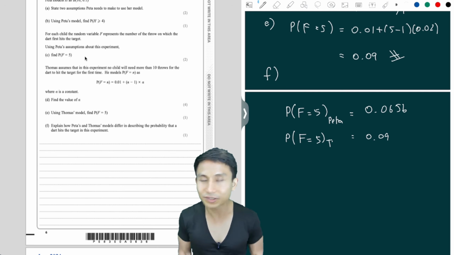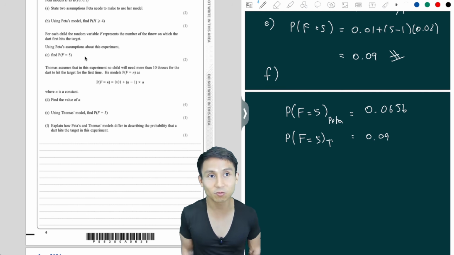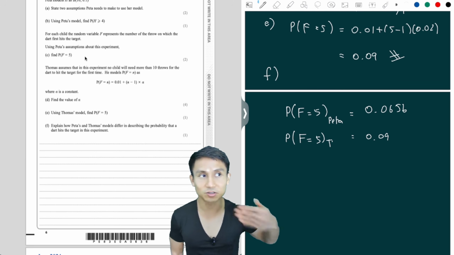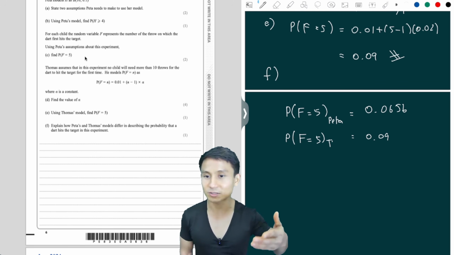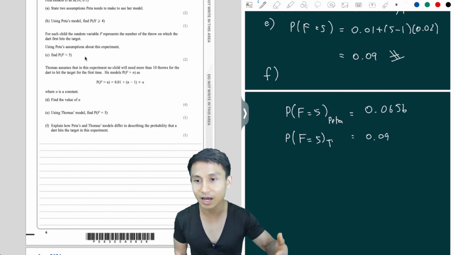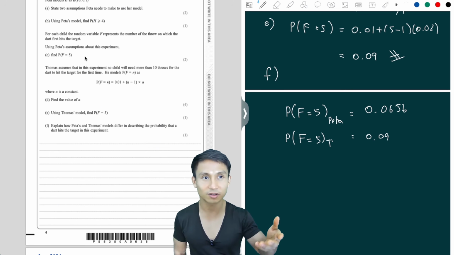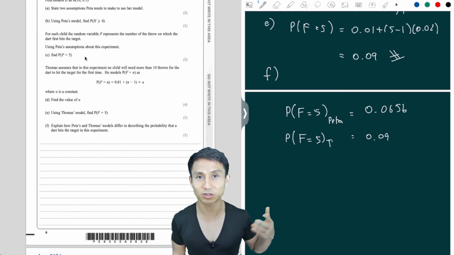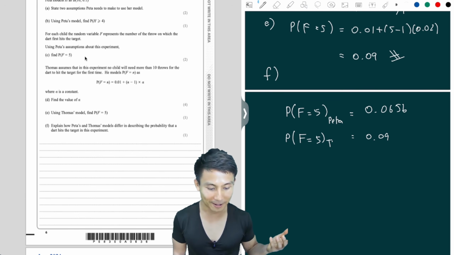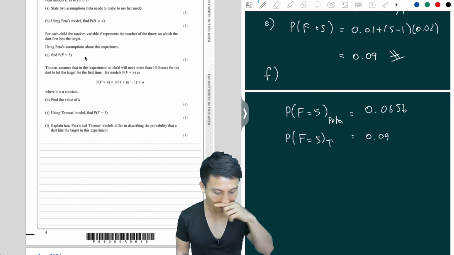Okay. Now, what was the nature of Peters' assumption again? Well, each throw was independent of one another. Yeah. Because each throw has a fixed probability value of about 10%, no matter how many times you have thrown, you get the same chance of hitting it. As I mentioned earlier, that might not be true in reality, because as you play more, you get better, hopefully. Well, for normal people.